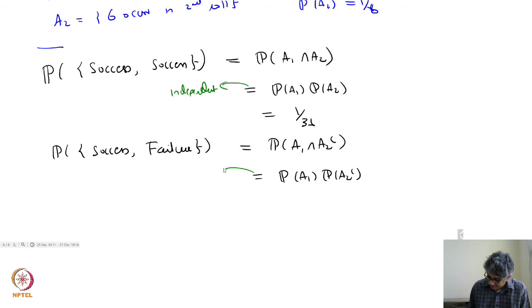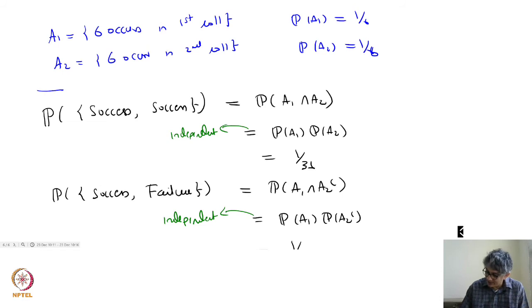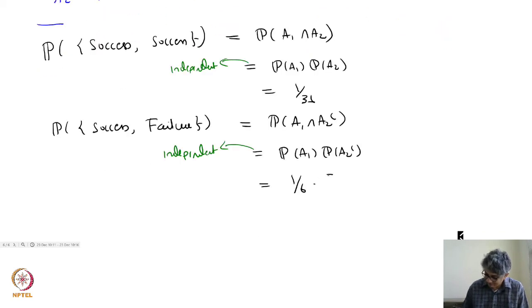We know that A1, A2 are independent, and A1, A2 complement also independent. That's going to be equal to 1/6 for A1, and probability of A2 complement is just going to be 5/6. There's one row. So I get 5 over 36. Very nice.